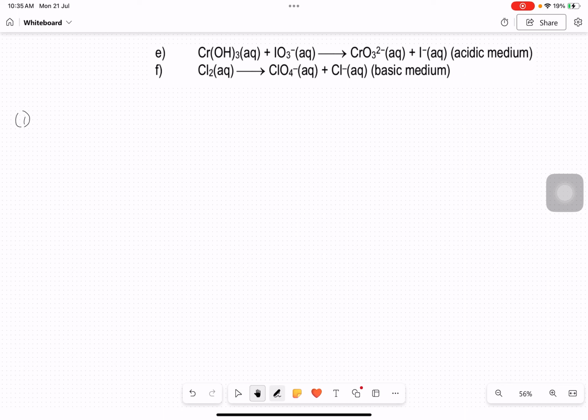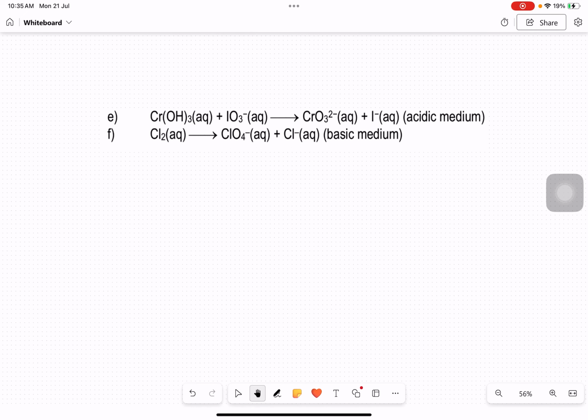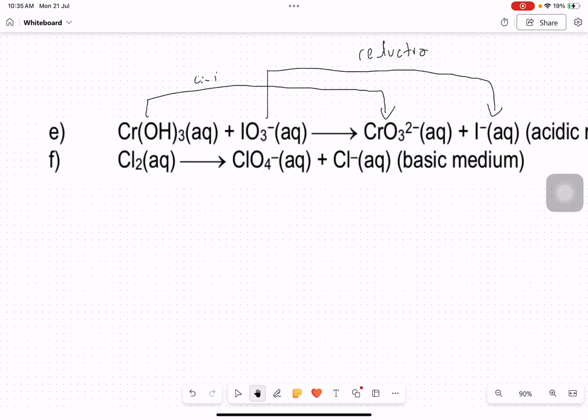So from E, CrOH3 changes to CrO3 2 minus, and IO3 minus changes to I minus. Which one is oxidized, which one is reduced? Clearly this is reduction and this is oxidation.